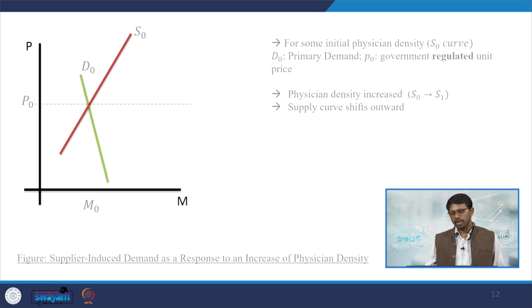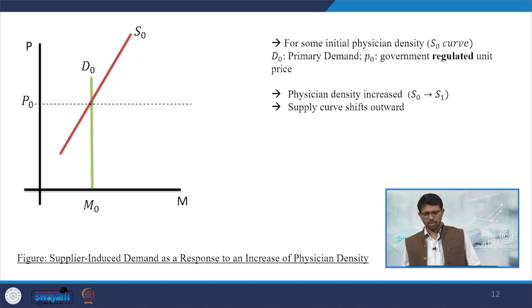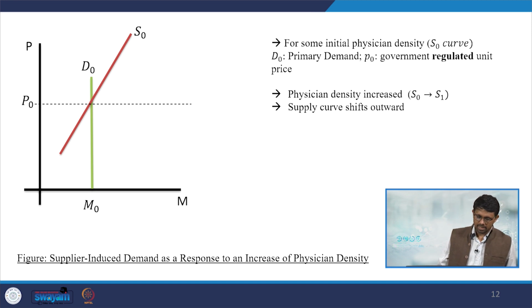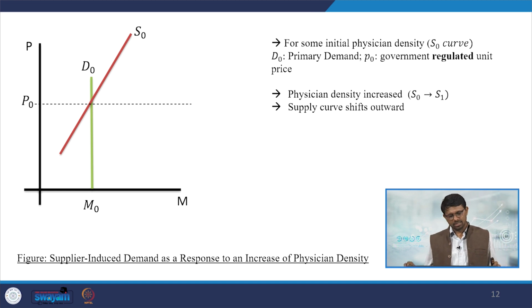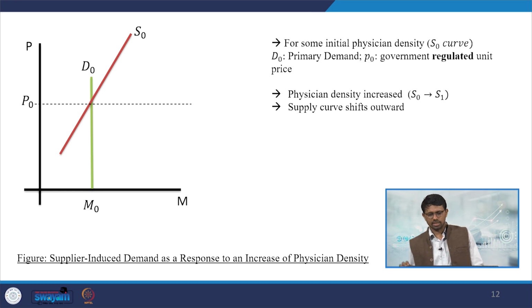Now, we are going to a non-market or regulated case, where a government regulated unit price prevails. If it is 100% regulated, then demand is considered to be inelastic, and for some initial physicians we start with the S0 supply curve, D0 as the primary demand, and P0 as the government regulated unit price.